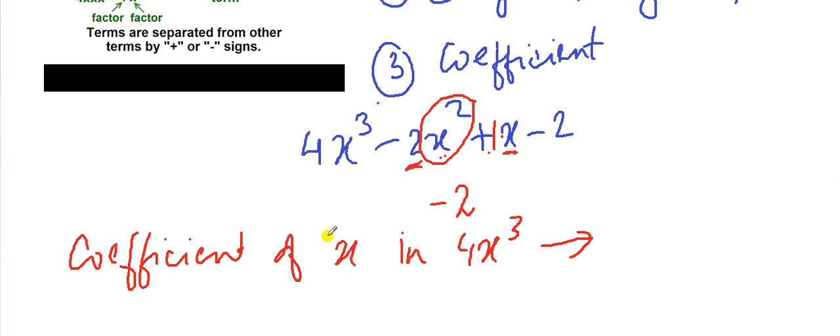Then what will be the coefficient? It is all the other terms or factors that are multiplied with x to get that whole term, which will be 4x square. Hope it is clear. So the coefficient of x in 4x cube is 4x square.